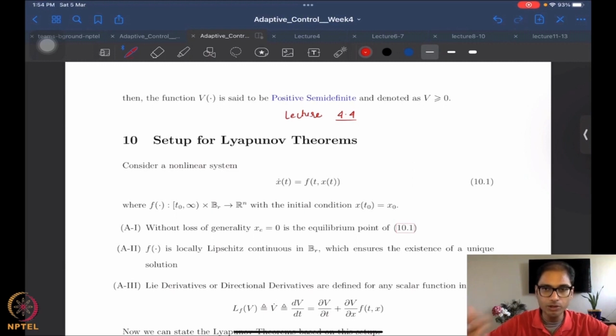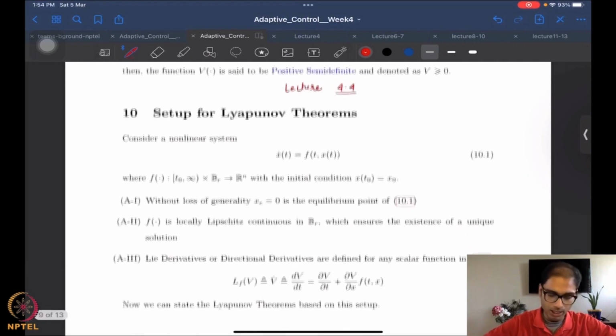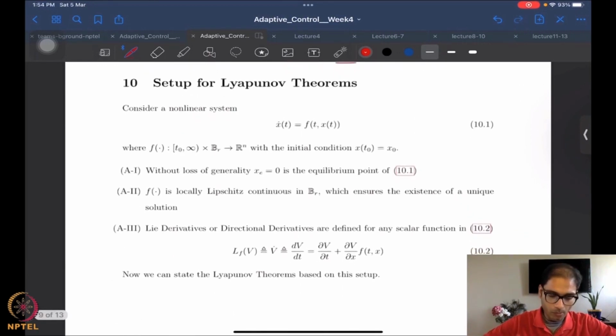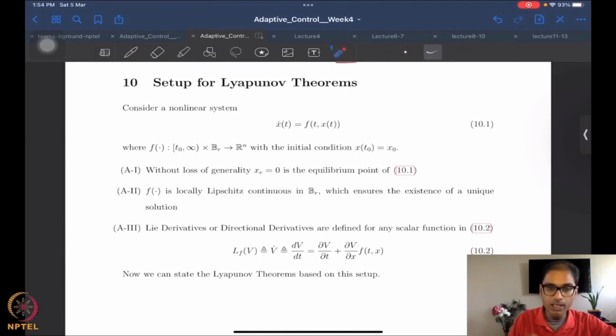So before we state the theorems themselves, it is important that we look at the setup for the theorem. All right. So we assume that we're talking about a nonlinear system of the form x dot is f(t,x). Of course, the time argument is being made explicit here, and the function f, which is the vector field, is allowed to depend explicitly on time and also on the state.